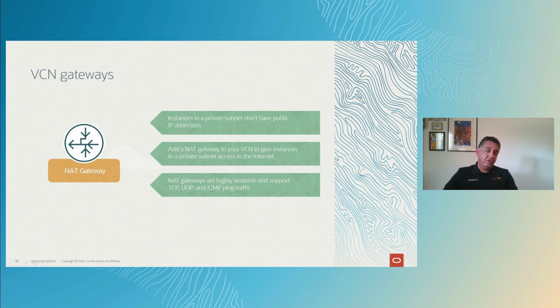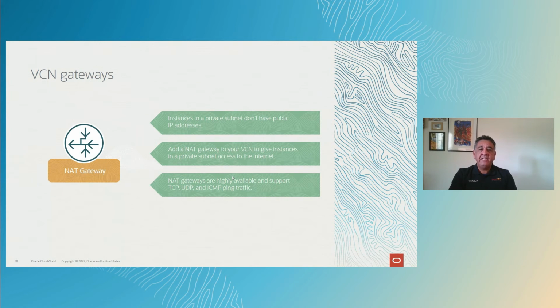Now, we have additional gateways that have different purposes. The internet gateway's sole purpose is communicating with the internet, public subnets. Now, what if you have a private subnet and resources in the private subnet need to go out to the open internet and retrieve a patch or an upgrade?